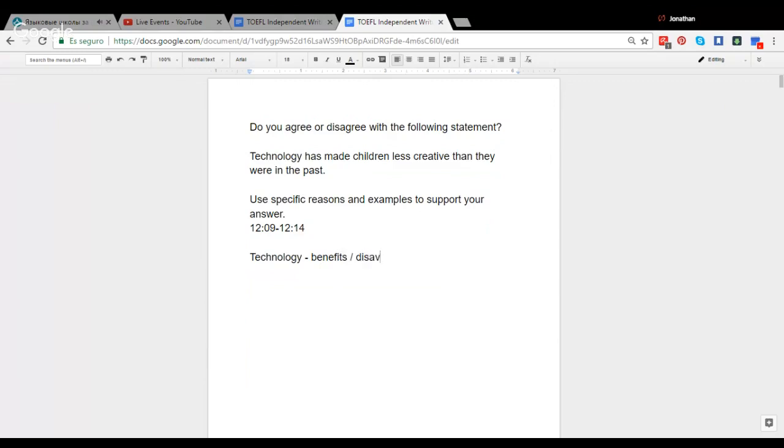So here, the idea is, well, what would be the benefits of technology here? And related to children and their creativity. And we're also looking at now compared to the past. So this is looking at children today versus the past, and because of using technology.